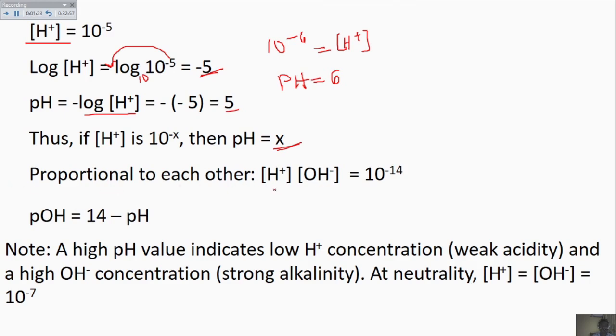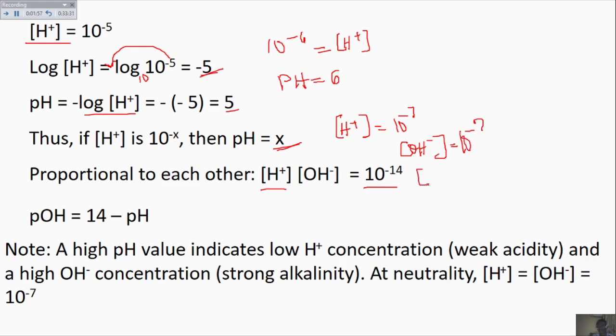In proportion to each other, when you have the hydrogen ion concentration multiplied by the OH ion concentration, that will give you 10 raised to power minus 14. Because we know that H plus is 10 raised to power minus 7, then OH minus is 10 raised to power minus 7.